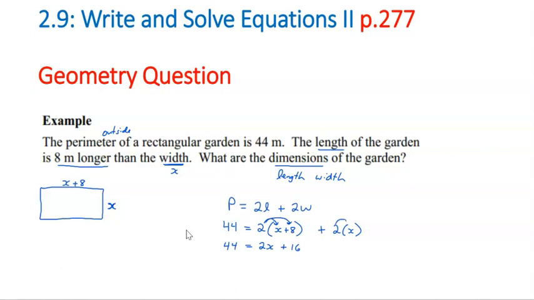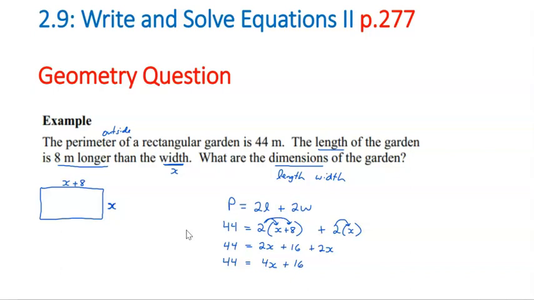And then the second distribution is pretty basic: 2 times x is 2x. We have multiple terms with x's, so we can collect our like terms. So 44 is equal to 2x plus 2x is 4x, plus 16.